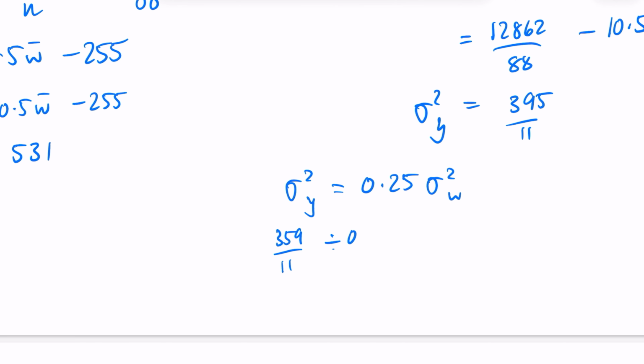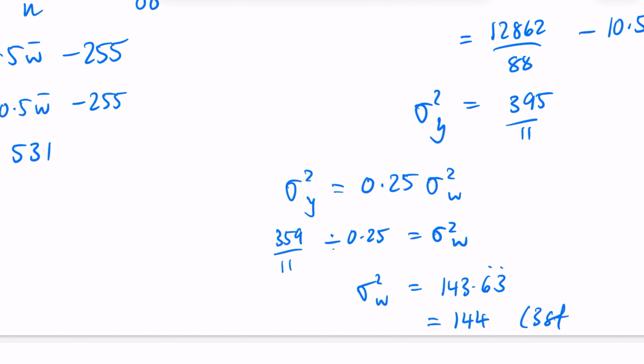I'll divide it by the 0.25, or times it by 4, to get the variance of w. So times that by 4, or divide it by 0.25, and I get that the variance of w is 143.63 recurring, but I'm going to just do it to 3 significant figures, so that's 144 to 3 significant figures.